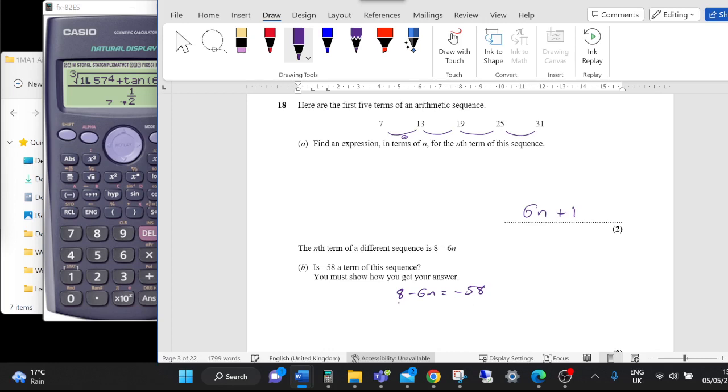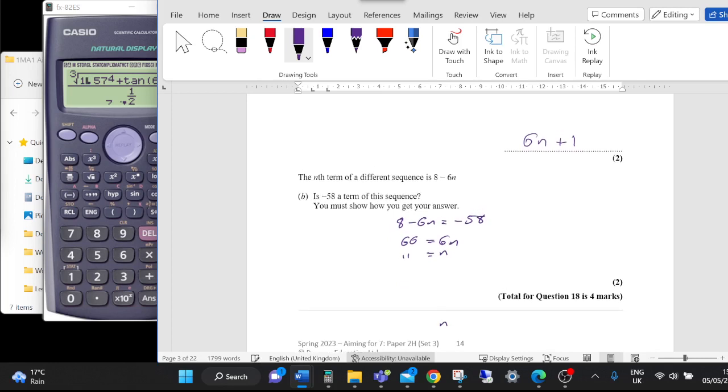If I rearrange that, and how I rearrange it is slightly up to me, I'm going to add 58 and subtract 6n from both sides. That's going to give me 66 is equal to 6n. Divide both sides by 6, I would get 11 is equal to n. So is it a term in the sequence? Yes, it would be the 11th.